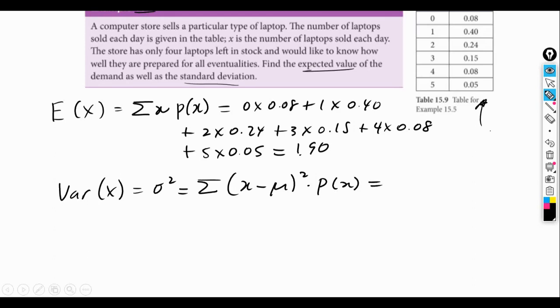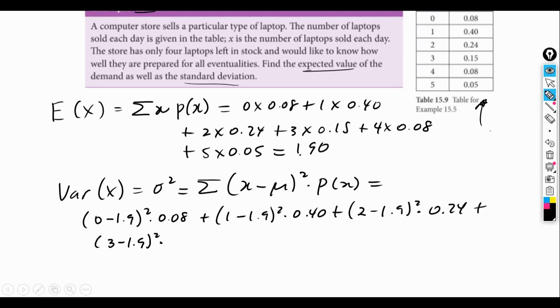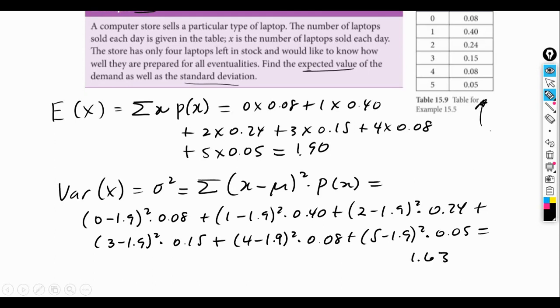So this is going to be, and this is going to equal 1.63. Therefore, the standard deviation is going to be the square root of that, which is 1.28. Now, you can also do this with the graphing display calculator, but I leave that to you as an exercise.